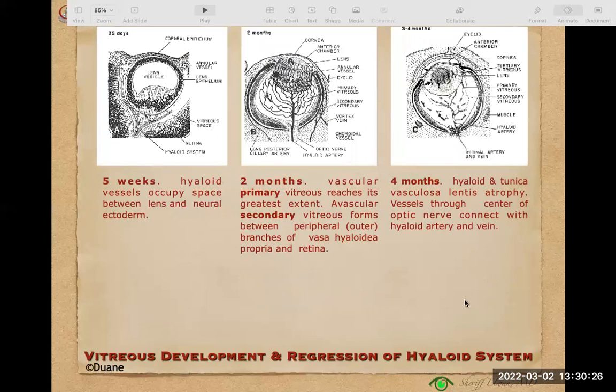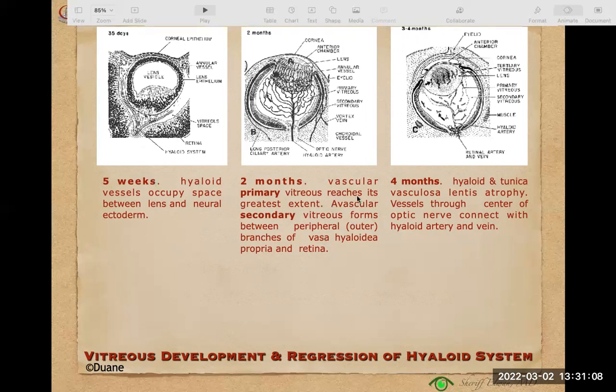Now the vitreous development and regression of the hyaloid system. The hyaloid system is the blood vessels coming into the optic vesicle through the optic groove, the embryonic fissure, all names for the same thing. At 5 weeks, the hyaloid vessels occupy the space between the globular lens and the neural ectoderm. This is the primary vitreous, and the primary vitreous, being vascular, is mesodermal in origin.